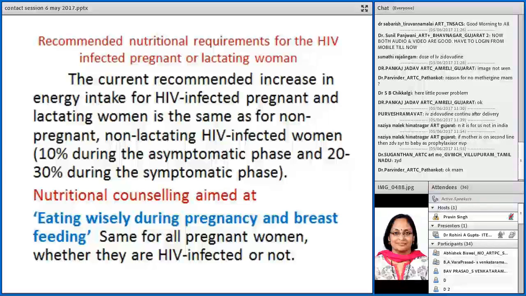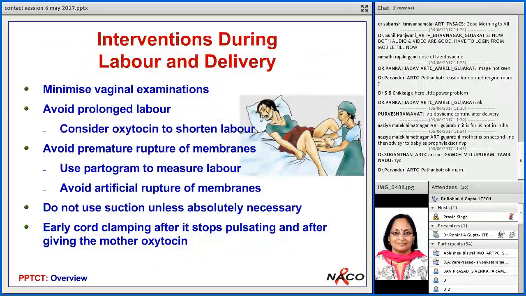But nutritional counseling is aimed at eating wisely during pregnancy and breastfeeding, which is the same for all pregnant women whether they are HIV infected or not.